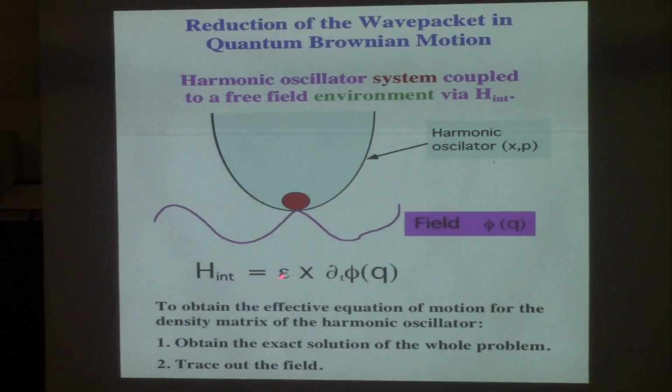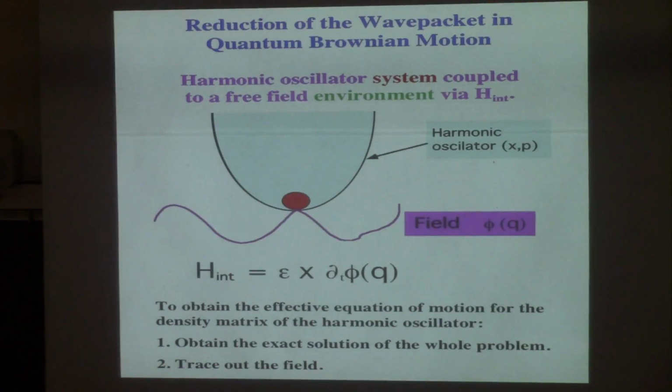The interaction Hamiltonian, with some coupling constant, is proportional to the position of that harmonic oscillator. That's important. Interactions typically depend on how far things are from each other. And this ends up determining the fact that things are local, that they prefer to be in a well-defined position.